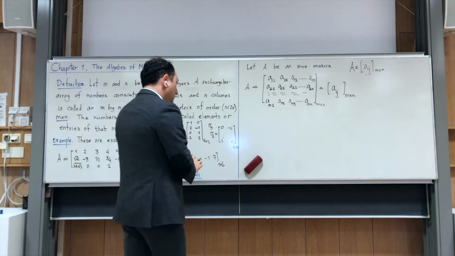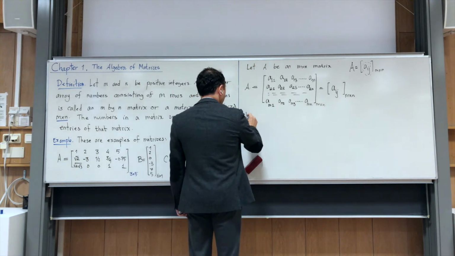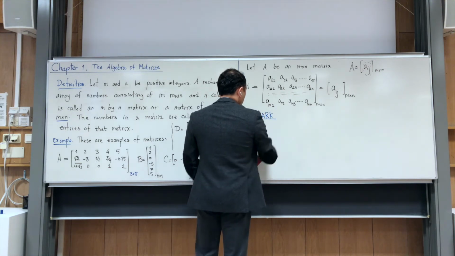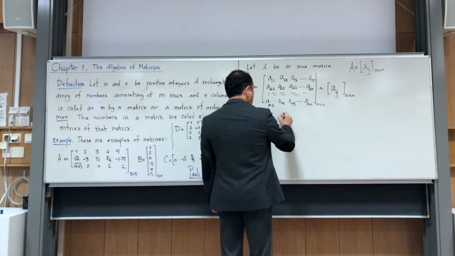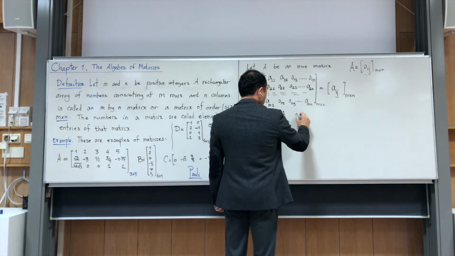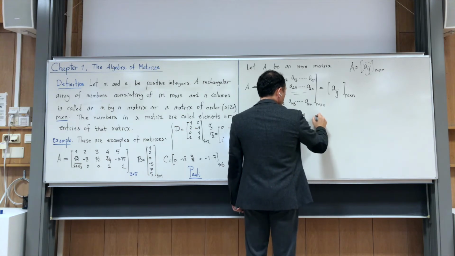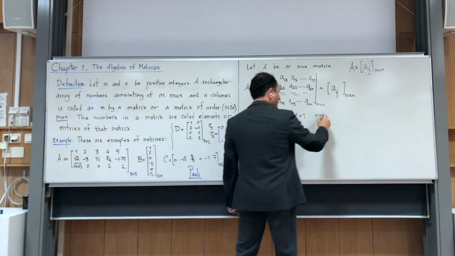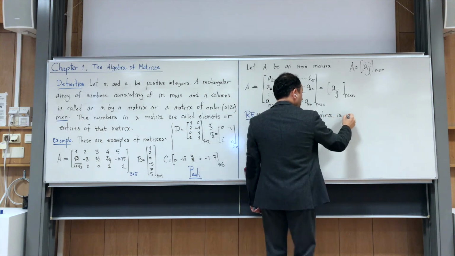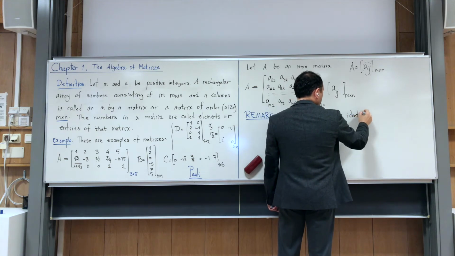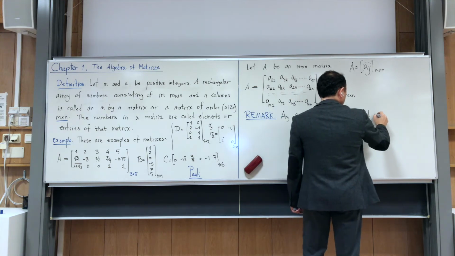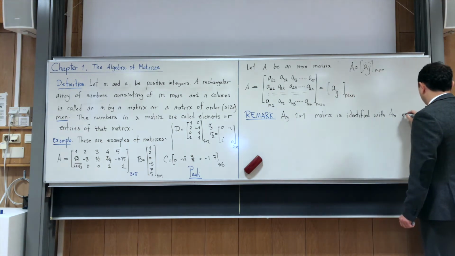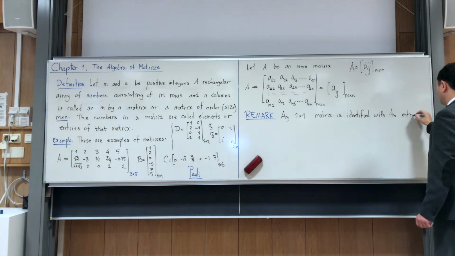One remark that I want to mention here is that any 1 by 1 matrix is identified with its only entry, because there is only one, since it is 1 by 1.